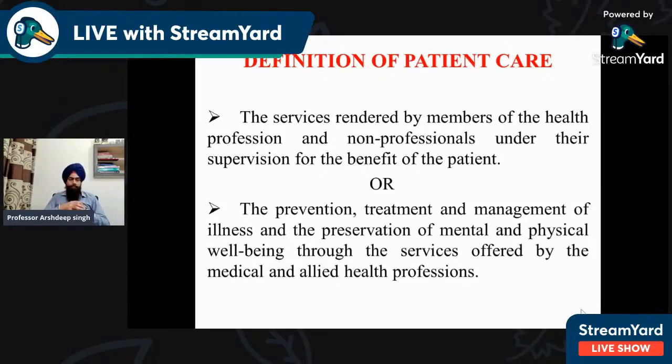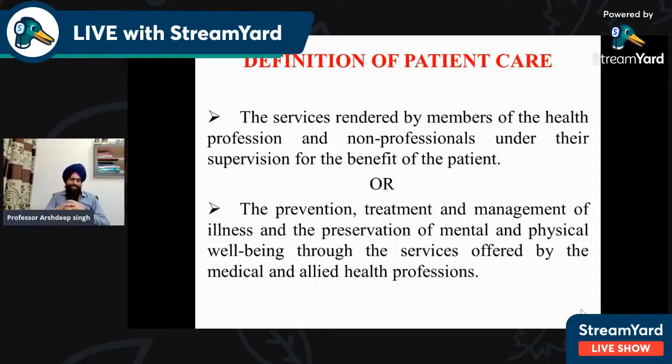Second one is the preventive treatment and management of illness and the preservation of mental and physical well-being through the services offered by medical and allied health professionals. Okay, this is the same thing as compared to the first definition, just the lines and sentences are different.